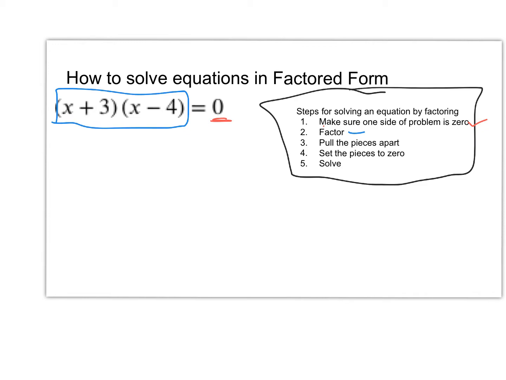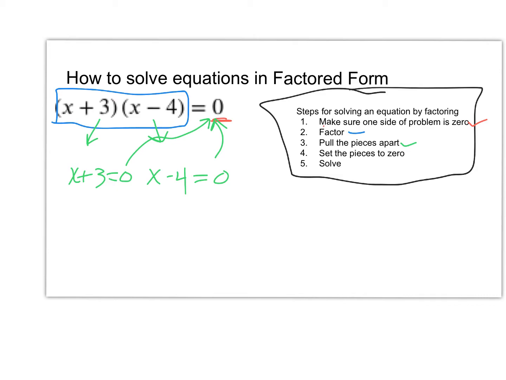So step number 3 says pull the pieces apart. So what that means is we're going to just take these two, x plus 3, x minus 4. Just pull them away from each other. Set the pieces to 0, equals 0, equals 0. And the reason we do that is because these all equaled 0 in the first place.